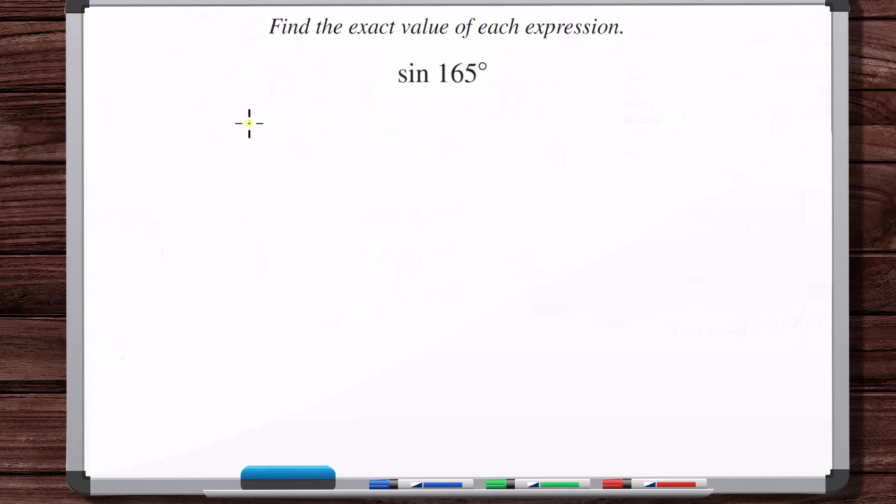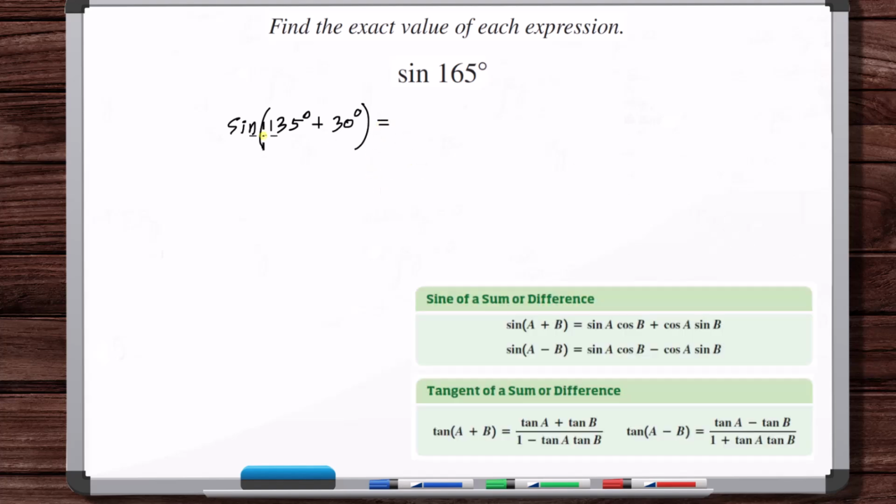So we can say that sine of 165 is equal to sine of 135 plus 30. Okay, 135 plus 30 is equal to 165, so we haven't changed anything.